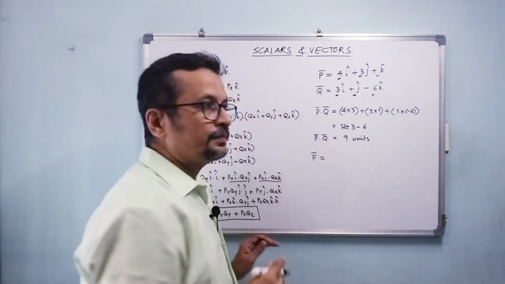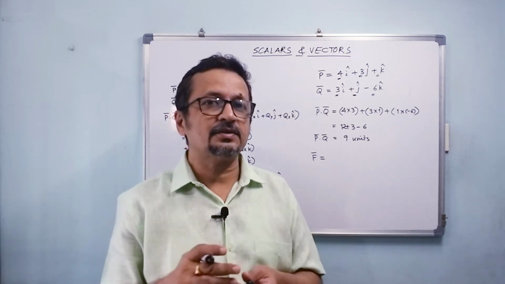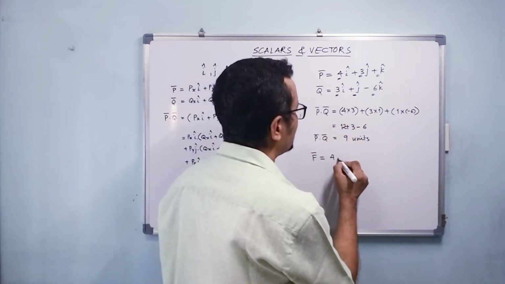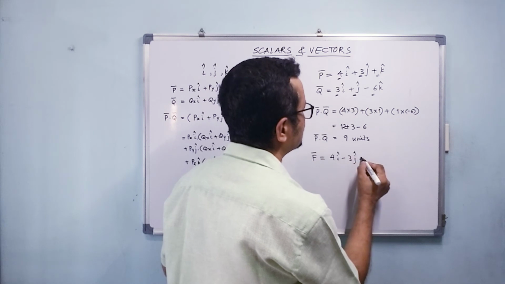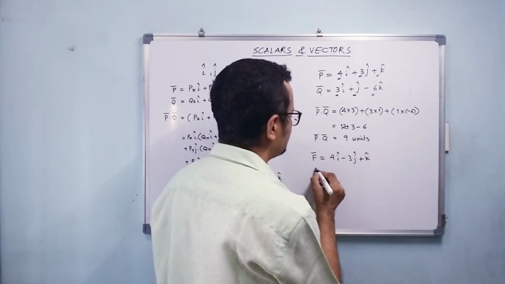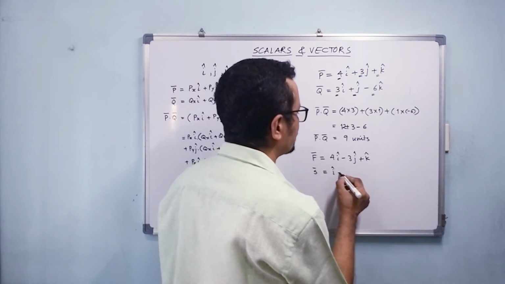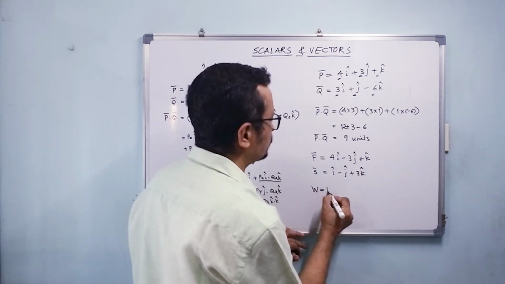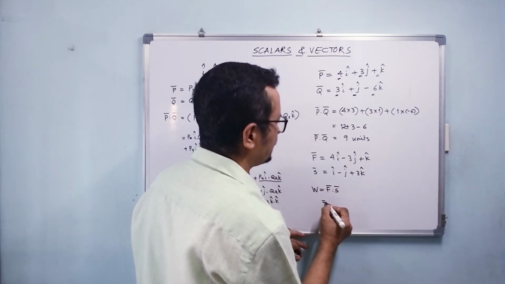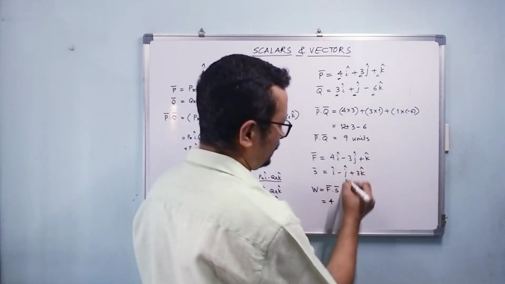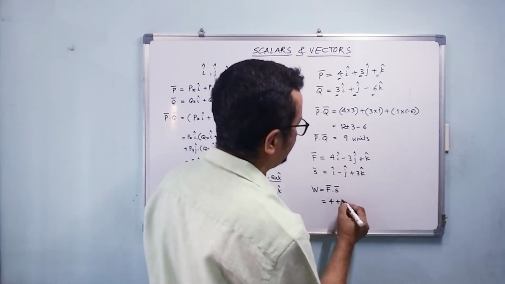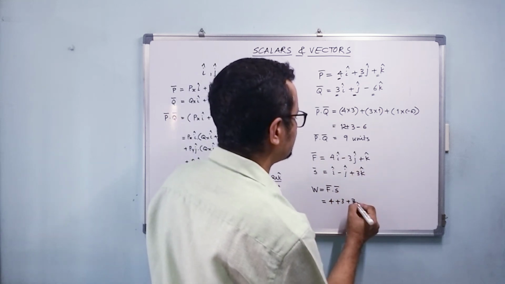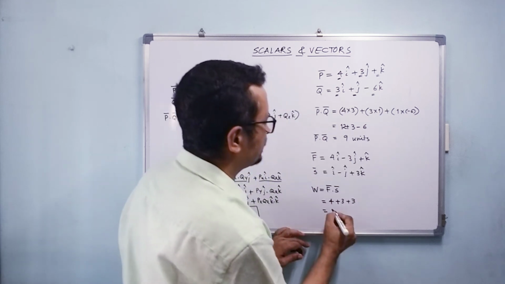F bar is equal to, you take in which direction the force is acting and what is the magnitude of the force. So if a force is given as 4 I cap minus 3 j cap plus k cap, and the displacement caused is I cap minus j cap plus 3 k cap, then work done is equal to F bar dot S bar, and that is equal to 4 plus 3, because minus 3 into minus 1 is 3, and then plus 1 into 3, that is 3. So that would be equal to 7 plus 3, equal to 10.